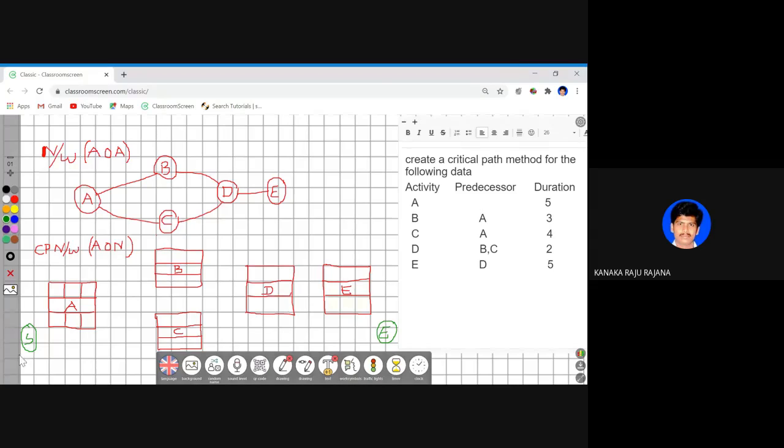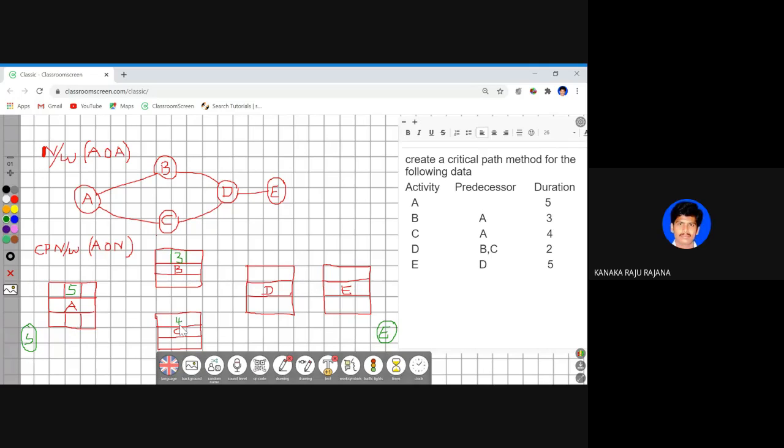Now, after fulfilling your step number one, the first step is to fill in the durations of each and every activity. What is A duration? A duration is assigned to 5. So fill 5. Next, B duration is 3. Next, C duration is 4.